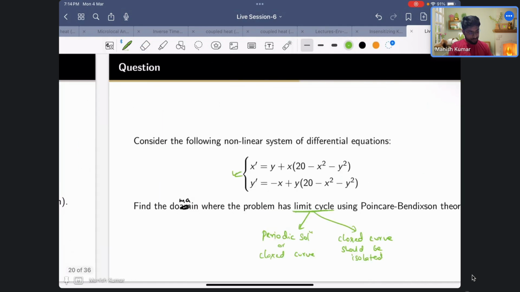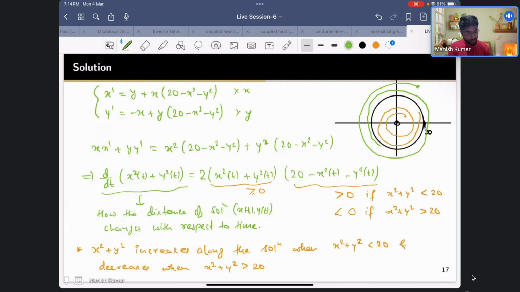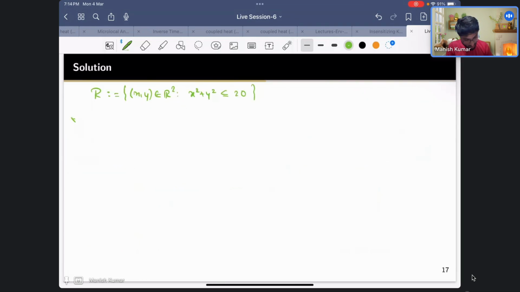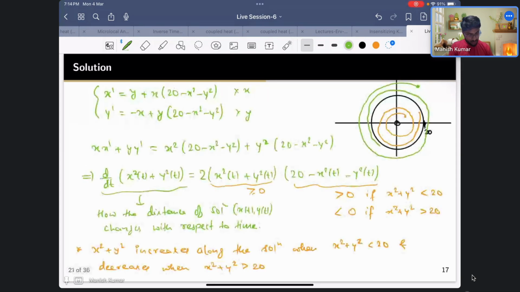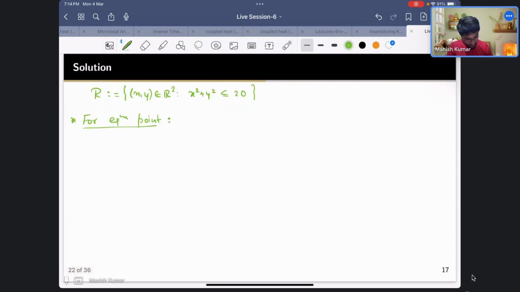Okay, so now let us look at what equilibrium points this system has. Equilibrium point means both of these should be zero, right? So for equilibrium point, let us look at this function. You have y plus x(20 minus x square minus y square) equal to 0, and the second one is minus x plus y(20 minus x square minus y square).